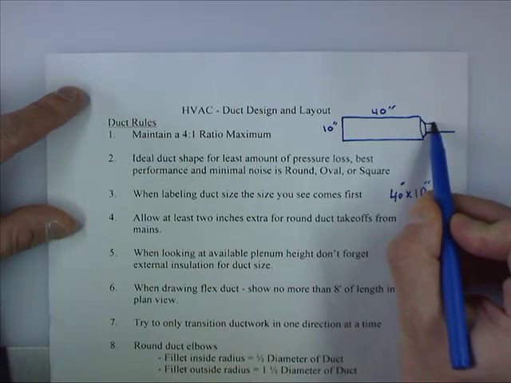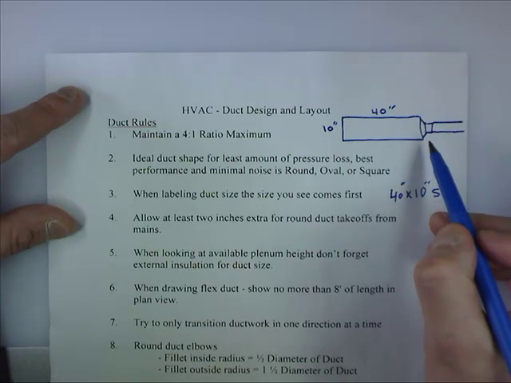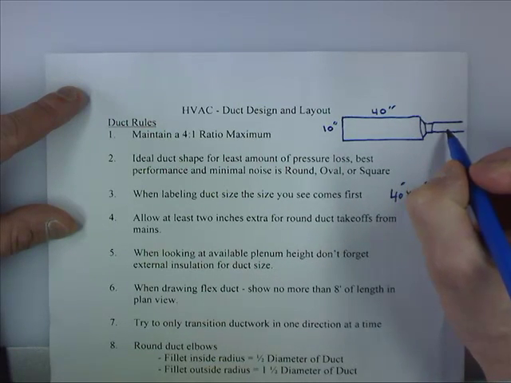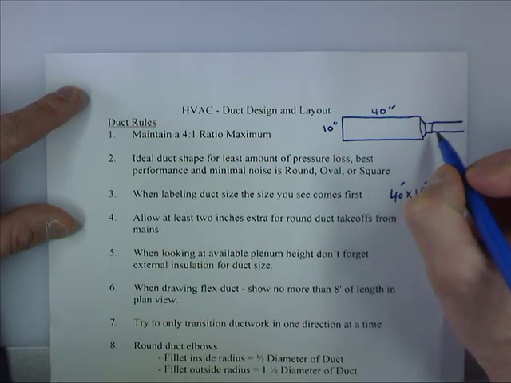So I need at least 2 inches. This duct here has to be at least 2 inches smaller than this duct. If it was the same size, then it's not going to be able to have a takeoff coming off of there. So this could be 8-inch maximum.